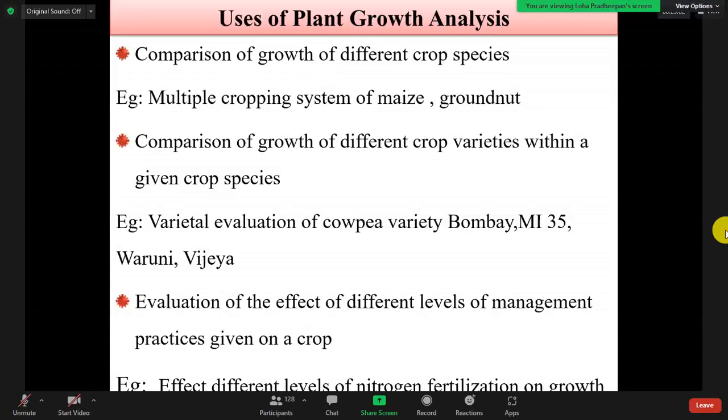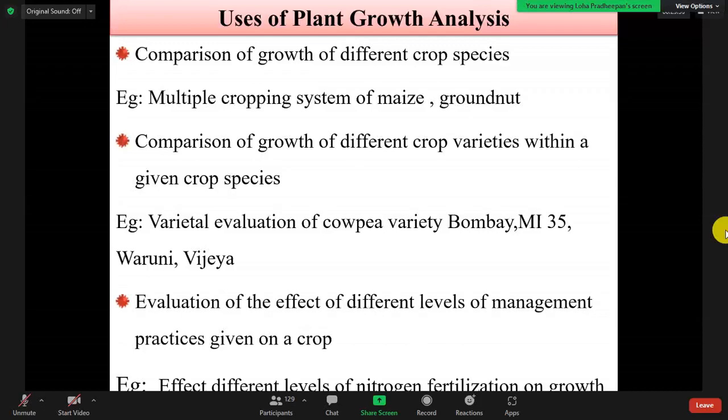For example, normally the Department of Agriculture has a crop recommendation, a fertilizer recommendation for a specific crop. Paddy has a recommendation, maize has a recommendation. But rather than the recommended level, if you apply more or less, what will happen? That is one kind of management practice we can study. Fertilizer application is one crop management practice.